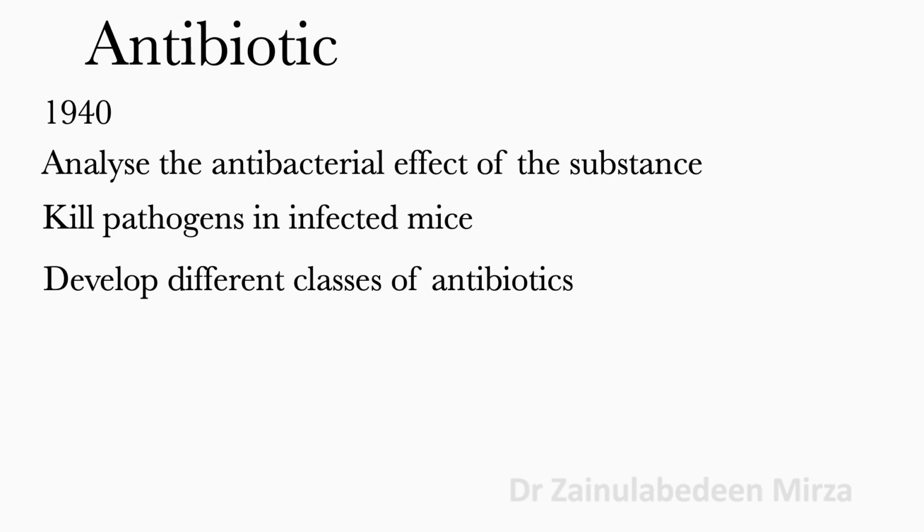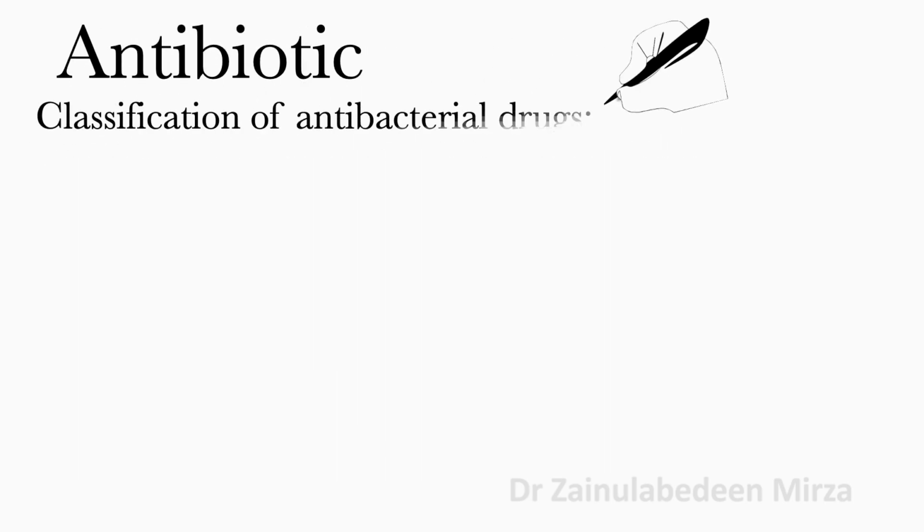Each class of antibiotics has a different chemical composition, which has antibacterial effects. Many antibiotics have a broad spectrum of activity against various bacteria. There are classes of antibacterial drugs, and within each class there are drugs used against specific bacterial infections.